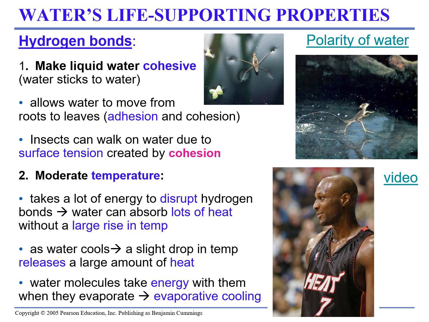Now, as we know, 70% of the planet is covered by water. If water heated up fast, our Earth's temperature would fluctuate in very large amounts. Therefore, water's ability to moderate temperature is a life-supporting property.